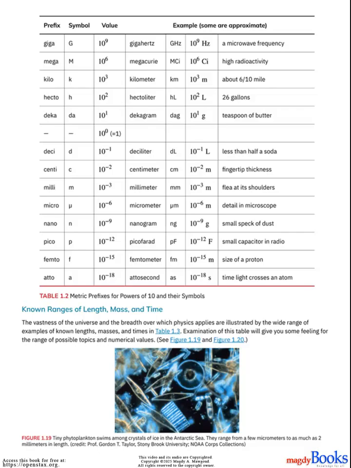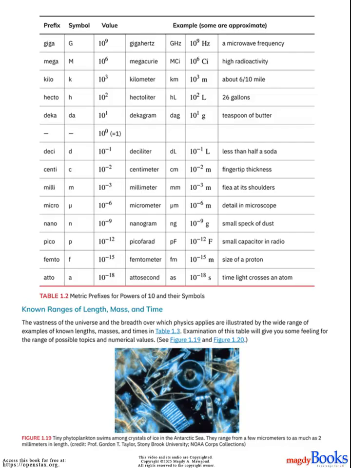Prefix: giga. Symbol: G. Value: 10 to the power of 9. Example, gigahertz, GHz, 10 to the power of 9 hertz. A microwave frequency. Prefix: mega. Symbol: M. Value: 10 to the power of 6.